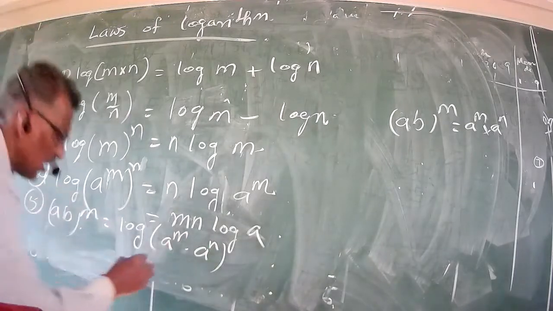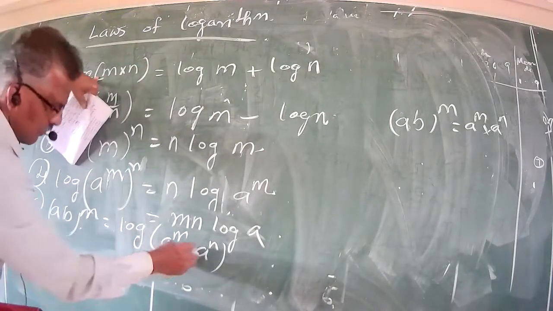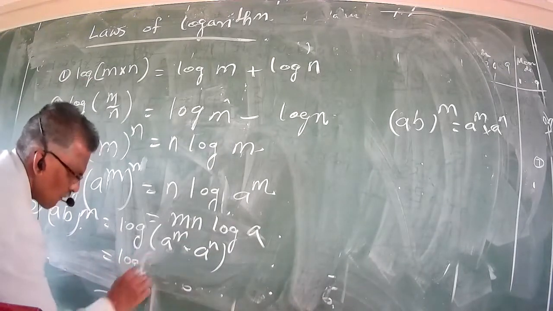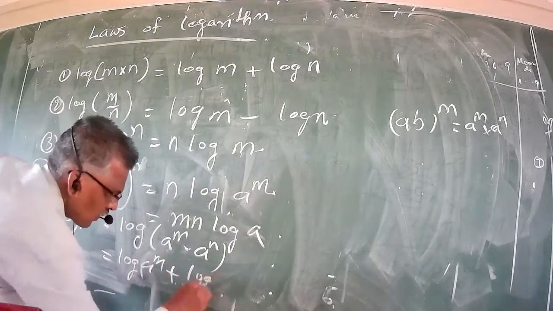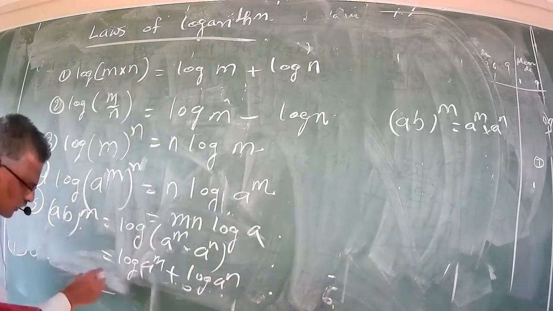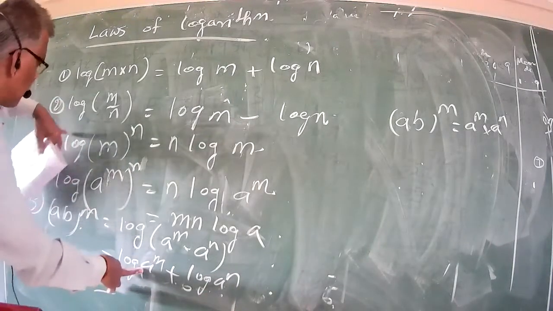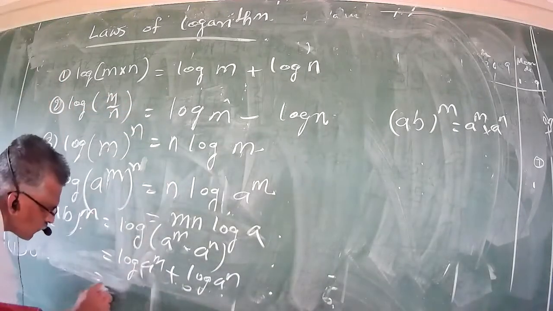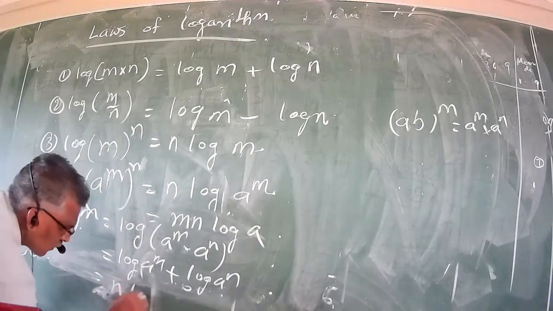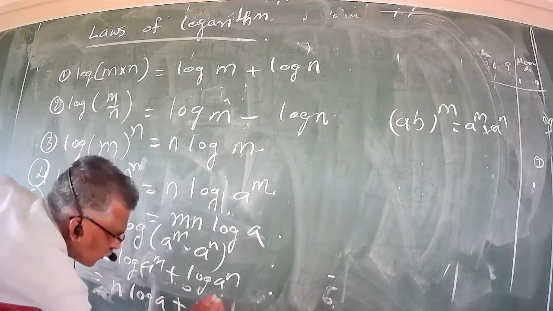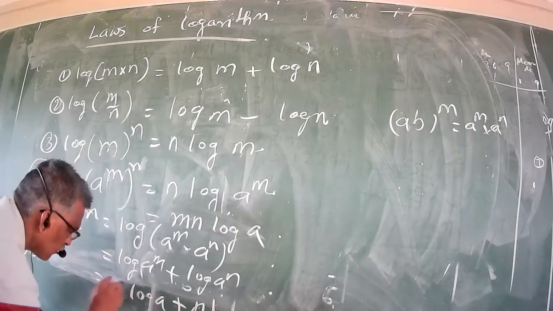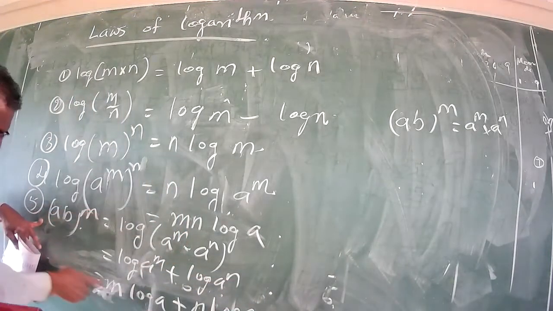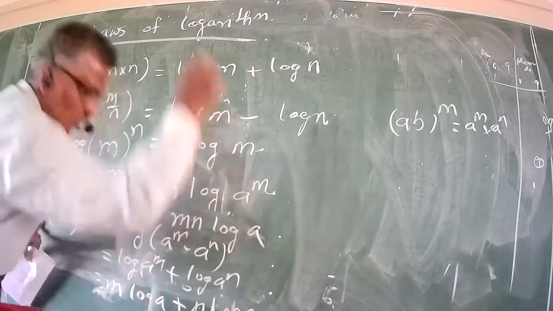Applying the product rule, that becomes log of a raised to m plus log of a raised to n. Applying the power rule again, that gives m into log of a plus n into log of a. This is the answer.